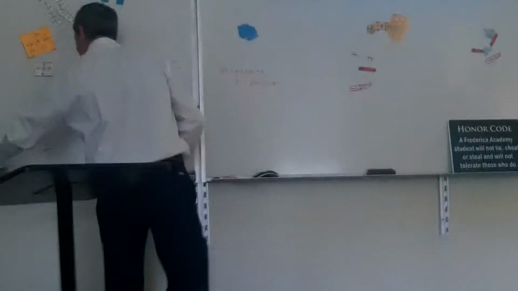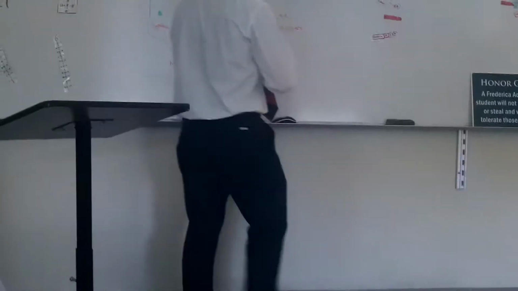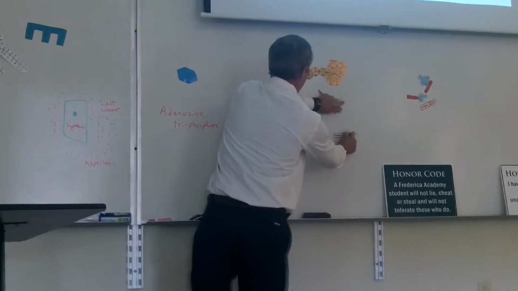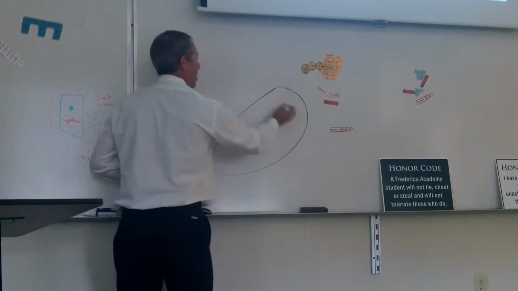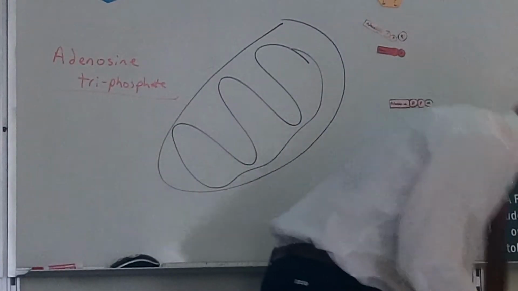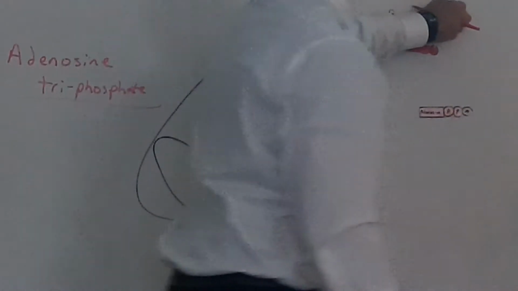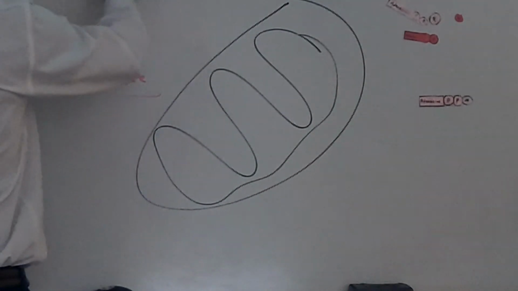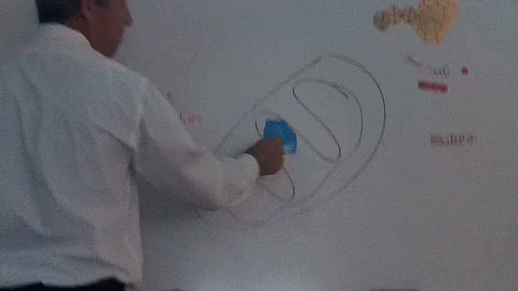It's the mitochondrion. Y'all remember the mitochondrion? The mitochondrion is a big organelle that looks like this. Here's a mitochondrion. And here's what happens in the mitochondrion. Glucose goes in.